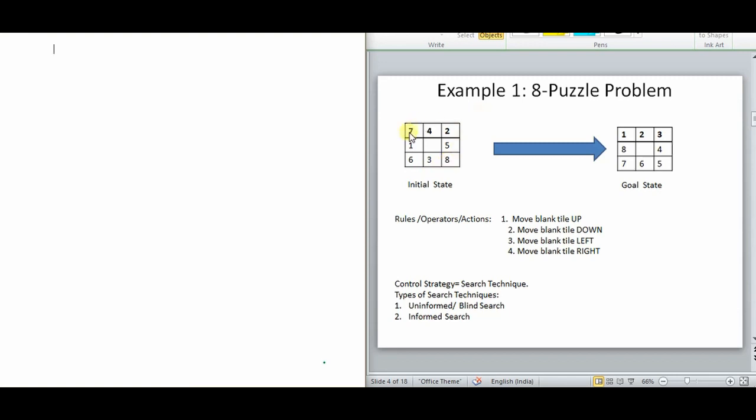Now there are 8 tiles given to us, and these tiles are numbered, for example 1, 2, 3, 4, 5, 6, 7, 8. So the tiles are numbered from 1 to 8, and there is one tile which is blank. So this is basically the 8 puzzle problem.